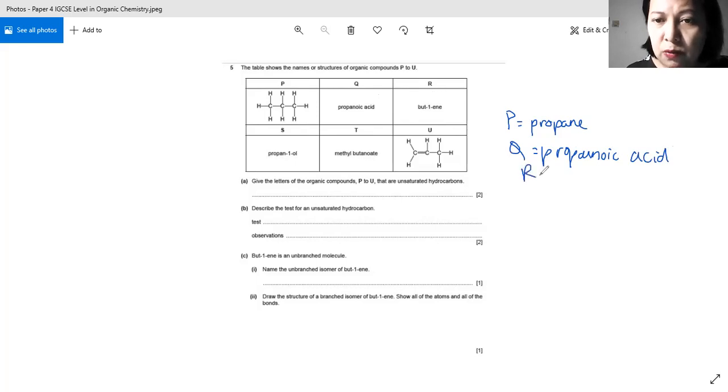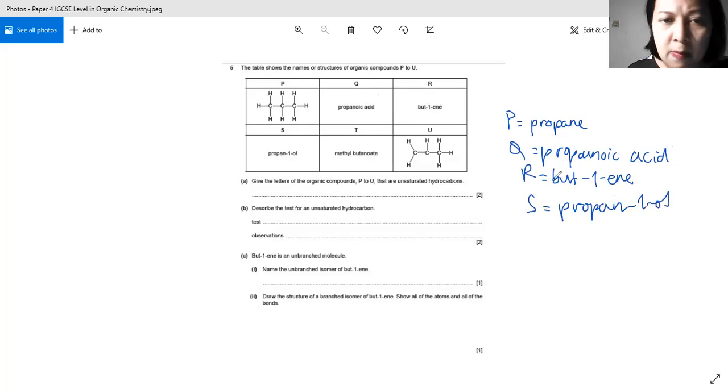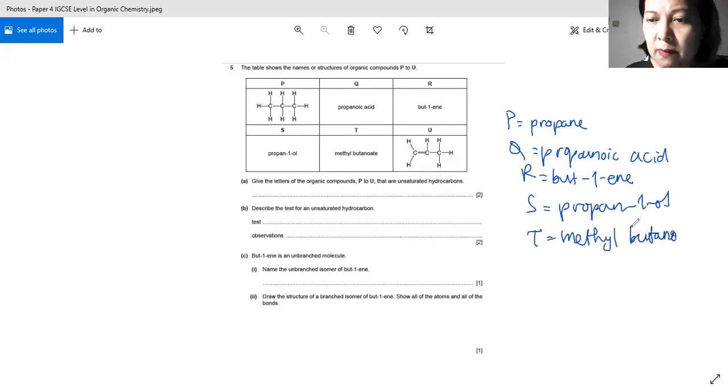R equals but-1-yne. And then S equals propan-1-ol. T equals methyl butanoate. We can also learn about this in other videos. And the last one, U, is an alkene, but has 3 members, so it's a propene.